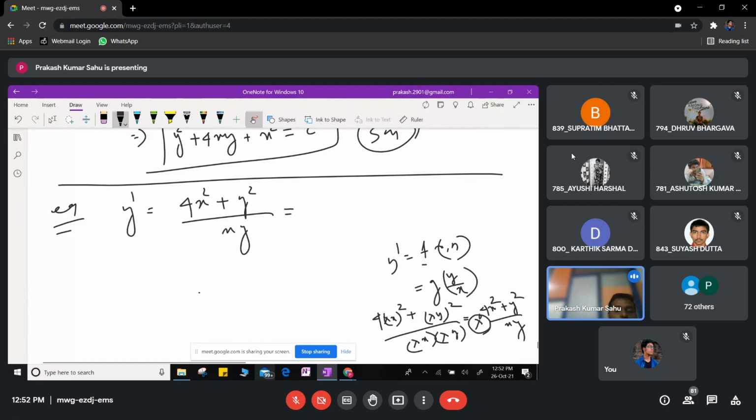Okay, so now this function is a homogeneous function with degree 0, so we can rewrite this function in terms of y by x. So we can write this as 4, if you divide by xy, what will happen, this is x by y, then plus y by x. Is it correct?